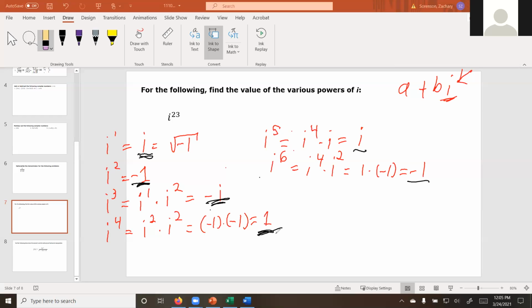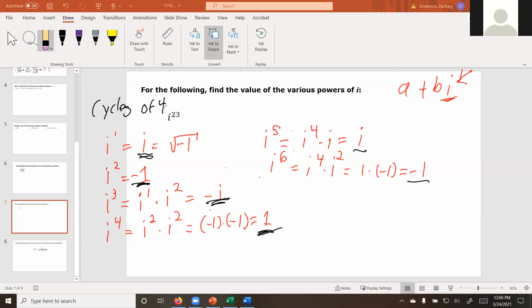That's assuming that you're really good at piecing together numbers, and that can get pretty cumbersome if I give you i to the 5,000th or something like that. So the strategy I use, and I do this in the video as well, is I notice that I have cycles of 4. I have patterns of 4.